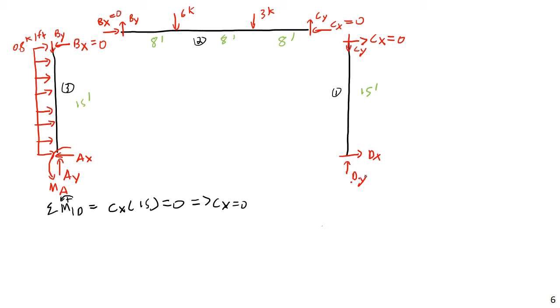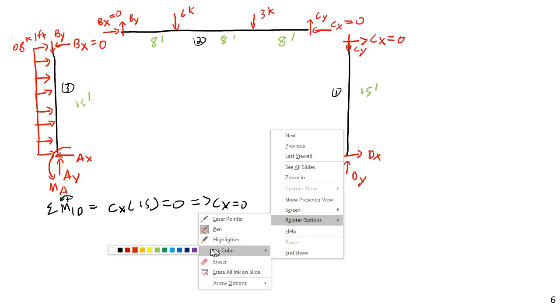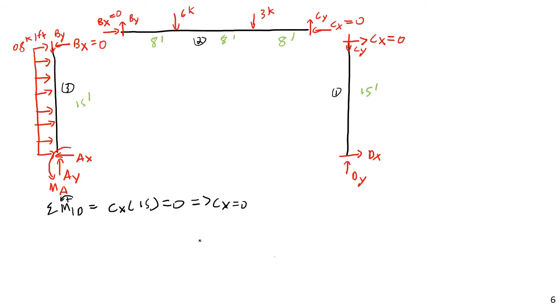Okay, so what else could we do? Let's go back to object 1 again. I kind of like working with the simpler objects first, though it's always debatable where you start on these things.